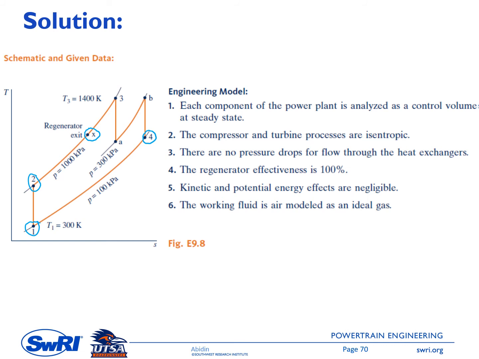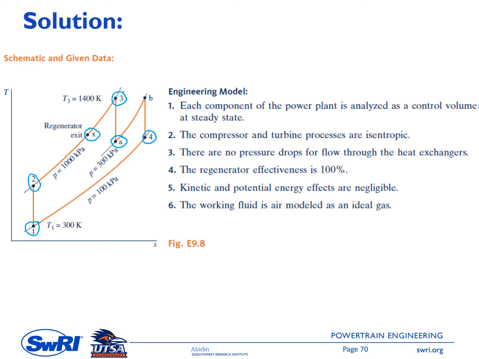And then at the entrance of the first turbine, it is state 3. The temperature is given there, 1400 Kelvin. And then inside the first turbine, the pressure drops from 1000 kilopascal to 300 kilopascal. So this is state A here.